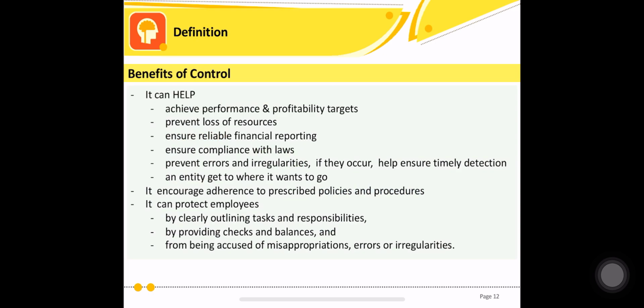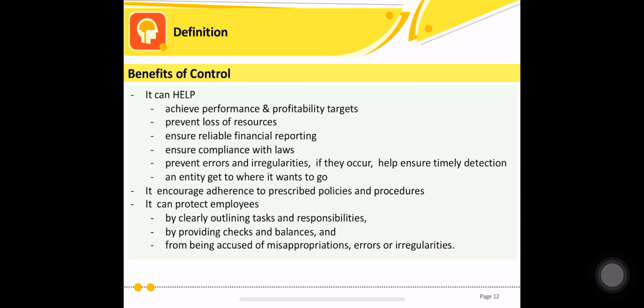Aside from achieving the objective, of course, we need to monitor our performance in terms of financials. And then compliance with laws and regulations. We understand that we have the law of the land. We have rules and regulations. We have policies and procedures within the company. Therefore, we need to have controls to achieve compliance or conformance with the related laws and regulations. And then prevent errors and irregularities if they occur.